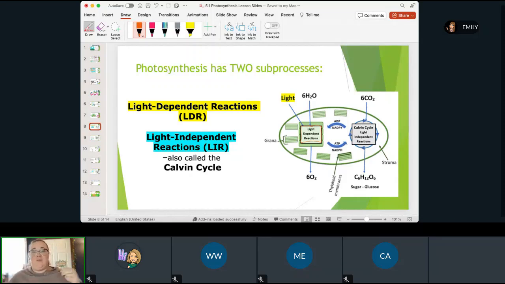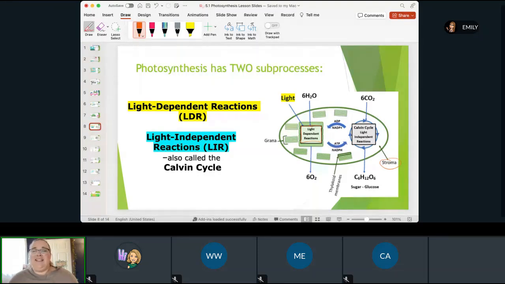So it takes place in the thylakoids and the granum. The second part is the light-independent reaction, or the LIR, which is also called the Calvin cycle. All three of those things are the same thing: light-independent reaction, LIR, Calvin cycle. They're all interchangeable. And those happen over here in the stroma.